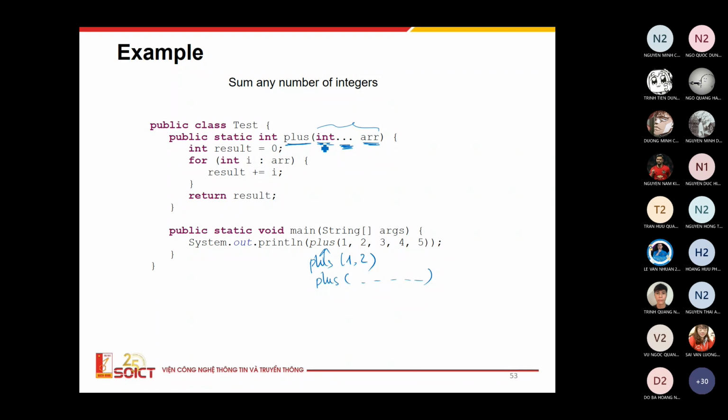All the input parameters passed as an arbitrary parameter will look like an array, and inside the method you can treat it like an array. This is another syntax of the for loop, where you use a variable to access each element in this array. Then you can sum any number of integers. Okay.